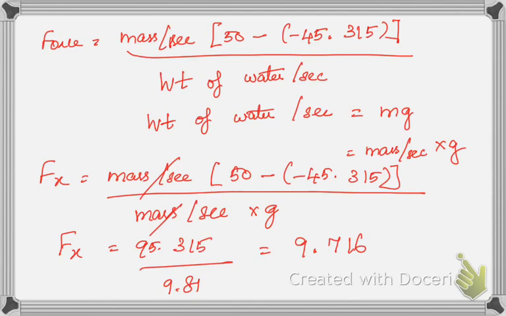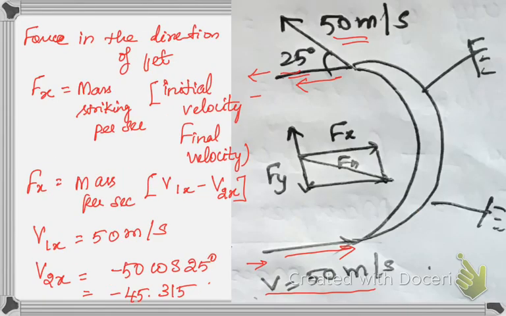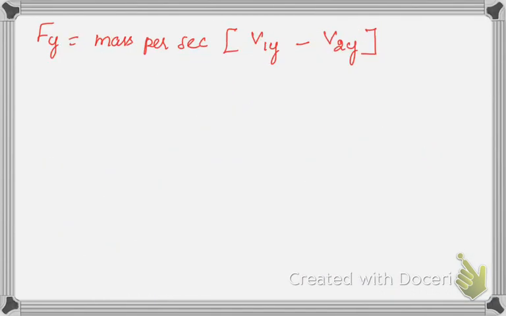Next I have to determine my Fy. Here also the same formula: mass per second into initial velocity minus final velocity. Since it is in the y direction, I am writing v1y minus v2y. If you see in the diagram, there is no water flowing in the y direction initially, so my v1y will be 0.